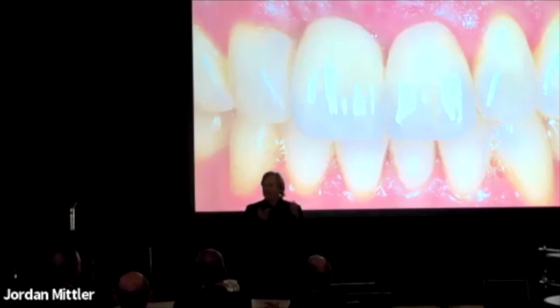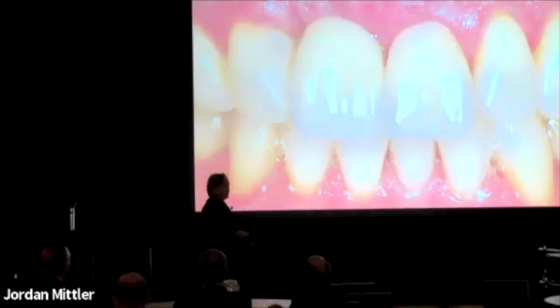Would it be better to veneer the tooth and see what you have, and then come back and do the crown next door to it? The answer is, it's not a bad idea. I've been caught where I had to replace either a veneer or a crown because of mismatching, not getting it quite right. So it's not a bad idea.